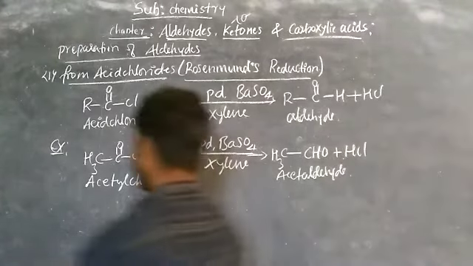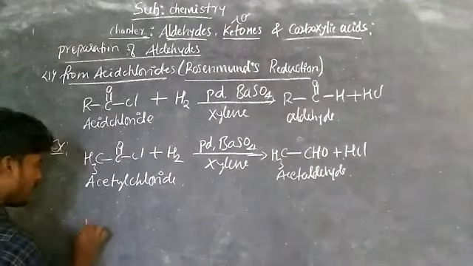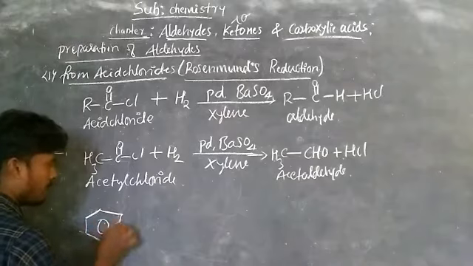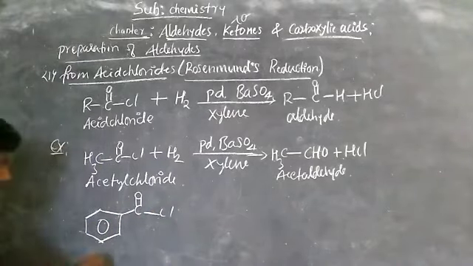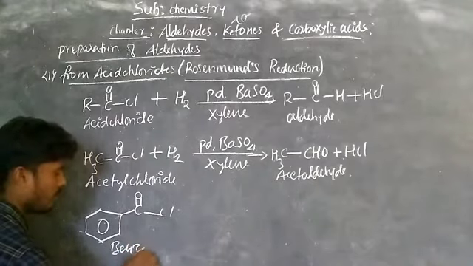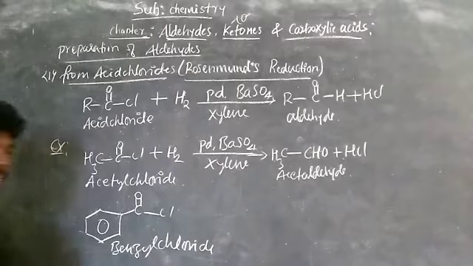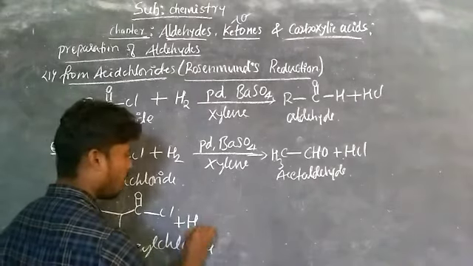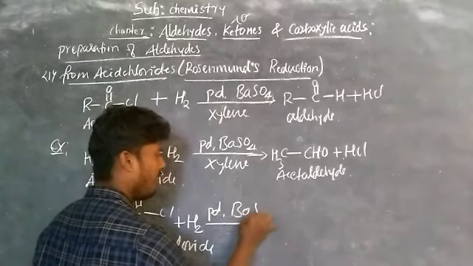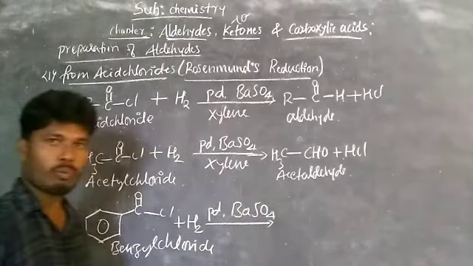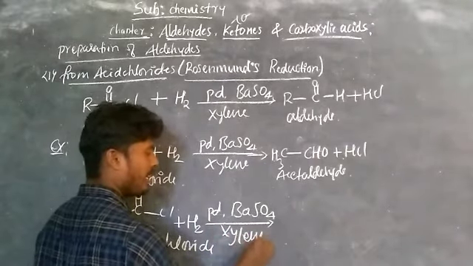Now take one more example. In place of CH3 take phenyl, that is benzene, C double bond O, Cl. This is called benzoyl chloride. This benzoyl chloride is treated with hydrogen in the presence of palladium on barium sulfate, BaSO4, and xylene is the solvent, the same condition.